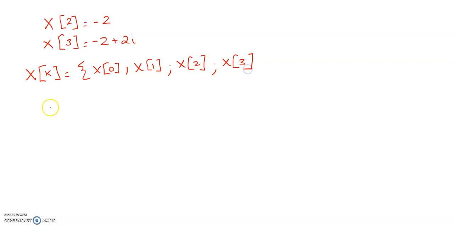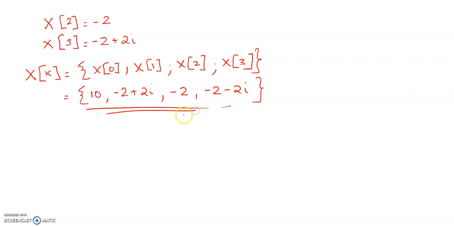So when we get the entire solution, we can write it as x of k is 10, minus 2 plus 2j, minus 2 and minus 2 minus 2j. So this is the final answer for that particular problem, and you can spend your time in doing this particular program and find out the answer.